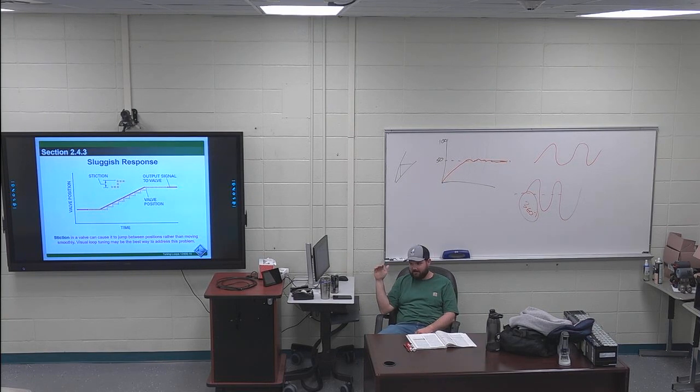It's not enough to overcome that stiction, but if I go to 5, then it jumps to 5. And that's what it's saying. It can jump along the way, whereas brand new valves and in clean conditions, it's going to be a more linear process where, from 0 to 100% open or closed, it's going to gradually go up and down, which is what you want, but not always what you get.